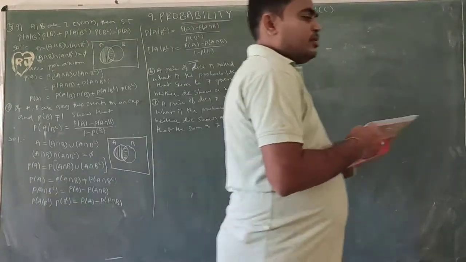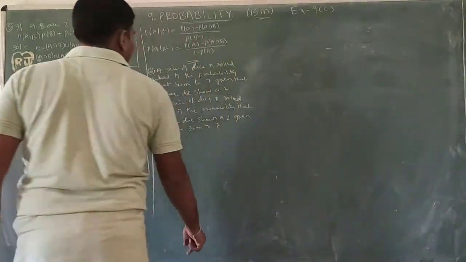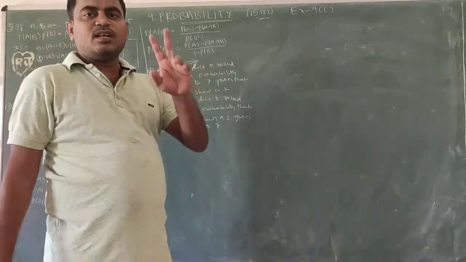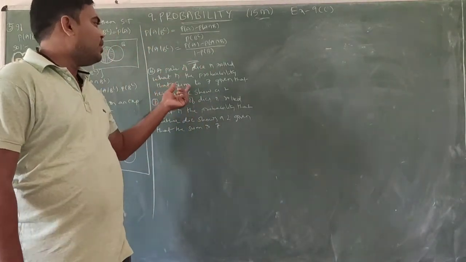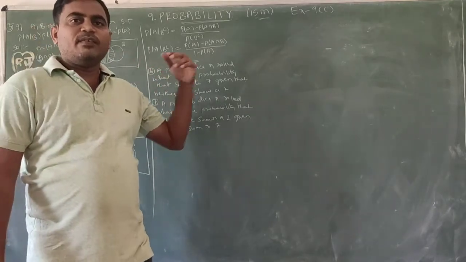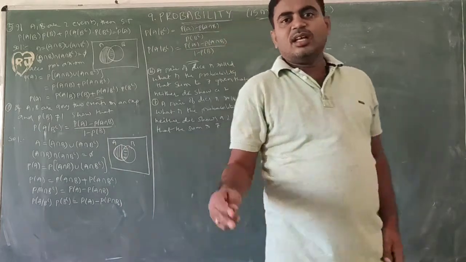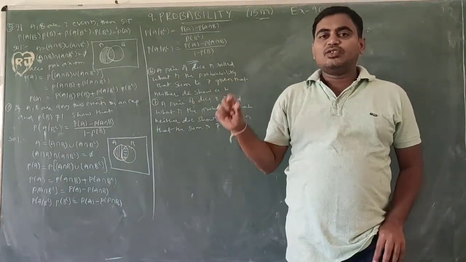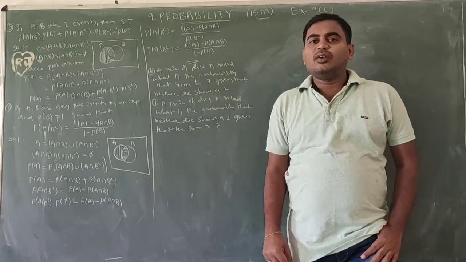Okay. If we observe, these two questions are the same. In both situations a pair of dice is rolled. In the first situation, the probability that the sum is 7, given that neither die shows 2. In the second situation, the probability that neither die shows 2, given that the sum is 7.